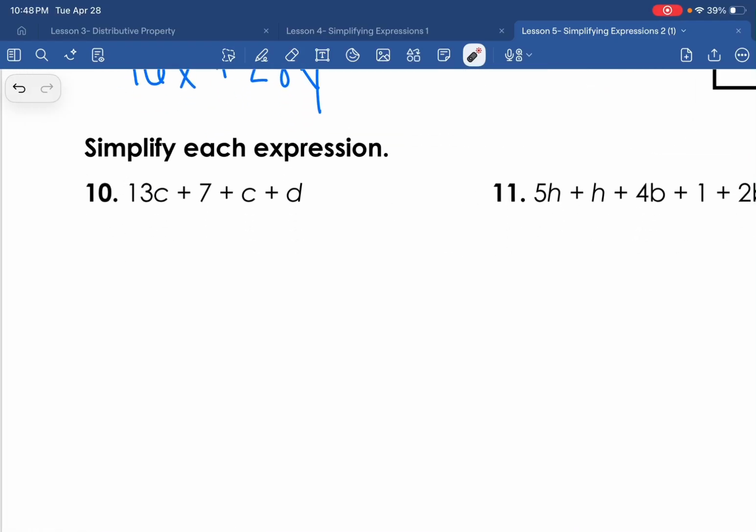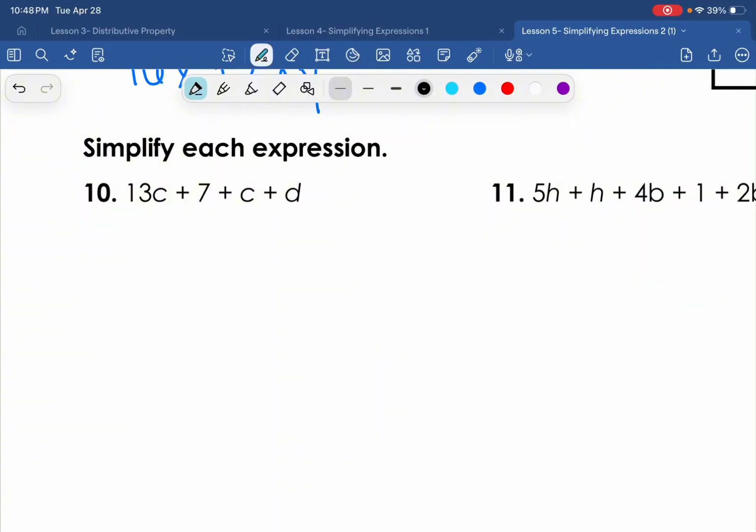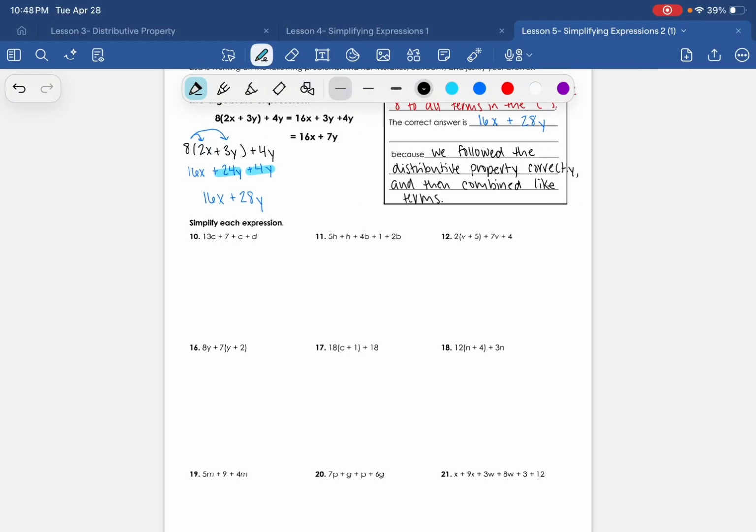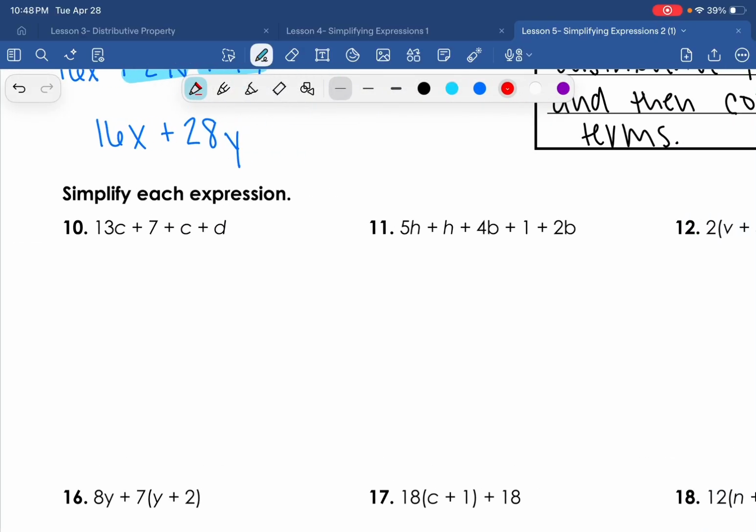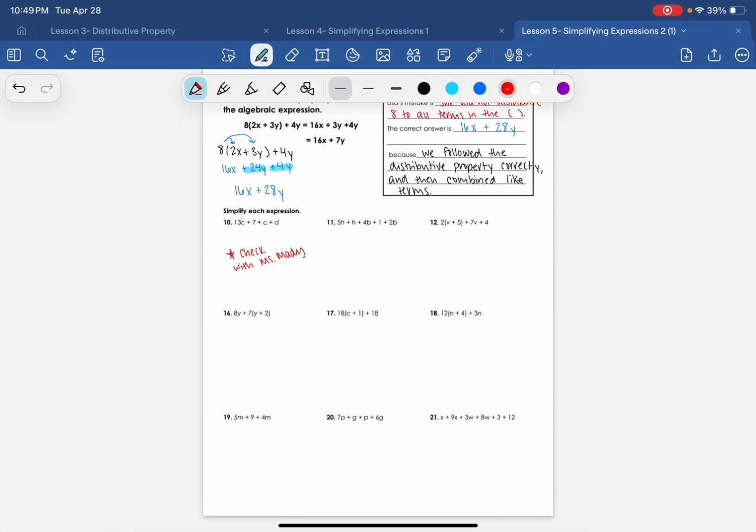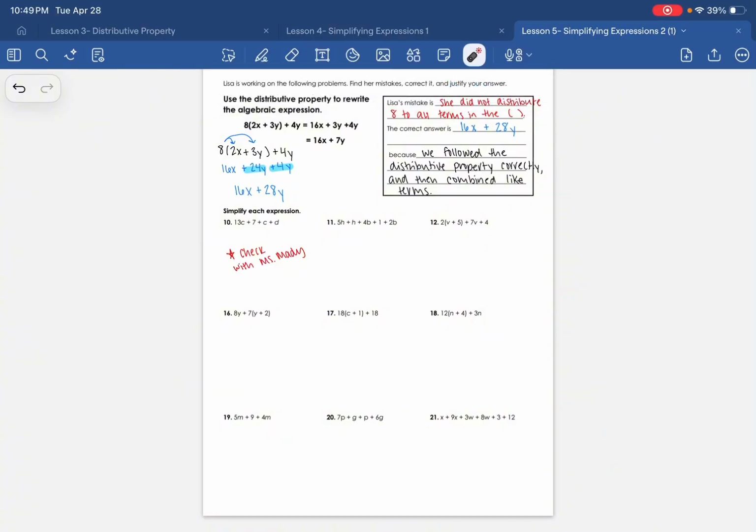Alrighty, looks like we have some more practice. I want you to do these on your own, and then check back in with me. So I'm going to put in the video, check with Miss Maddie. So I want you to do 10, 11, 12, and then 13, 14, 15, 16, 17, 18.